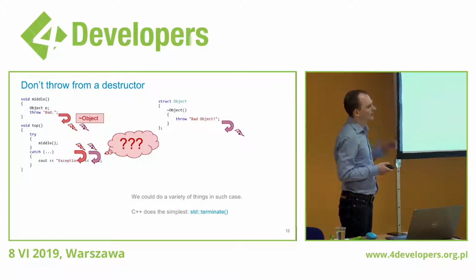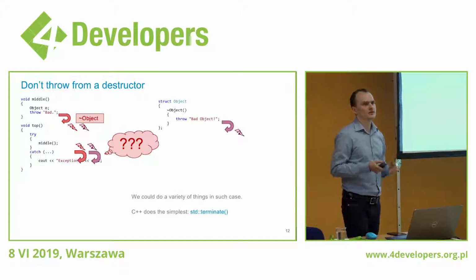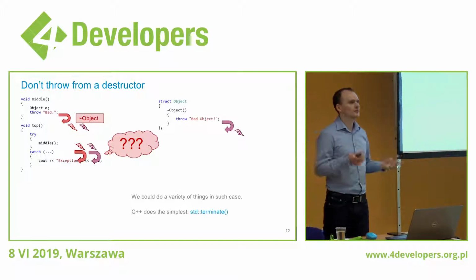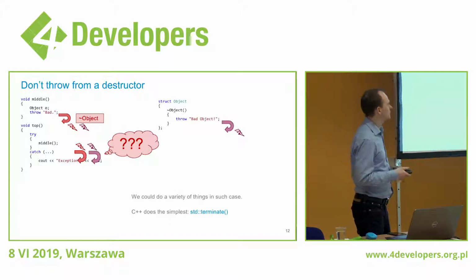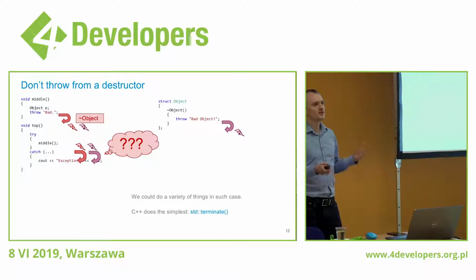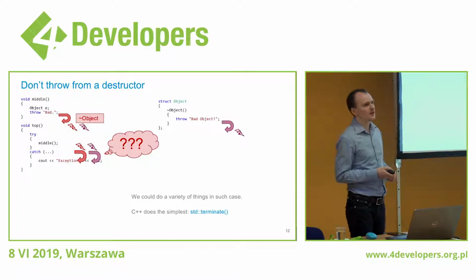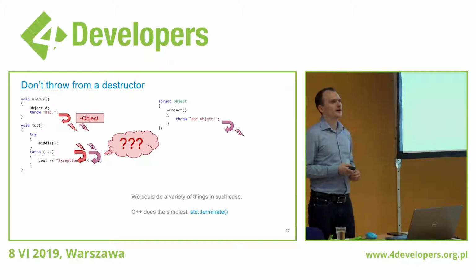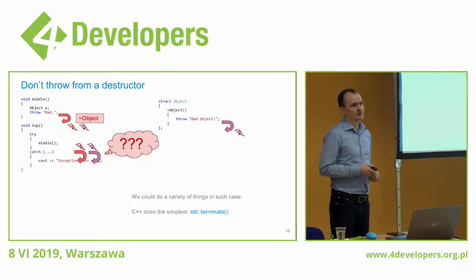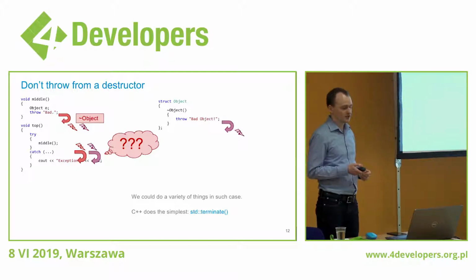If they reach a catch statement, which one would be handled? The first one, the second one, both of them, none of them? We could answer this question differently, but C++ has its answer, and it's the simplest answer possible. It's simply not allowed. If such a thing happens, your program will be terminated. So don't throw from destructors.